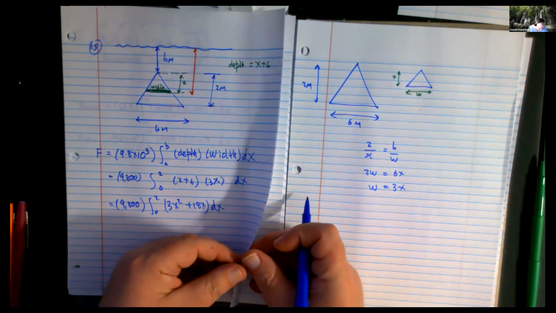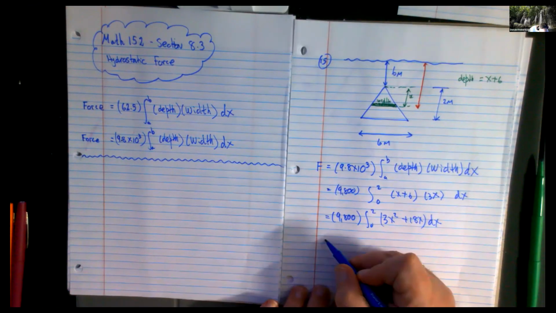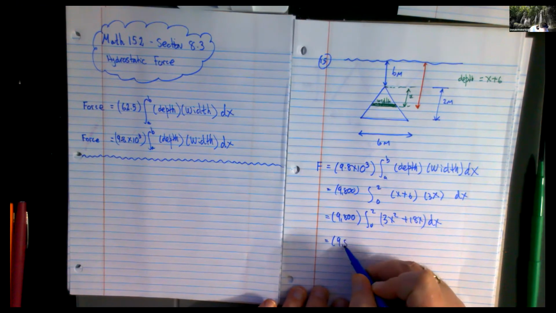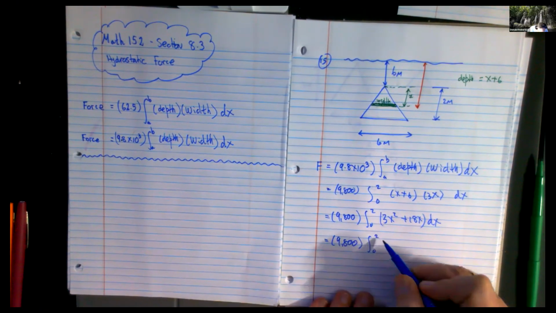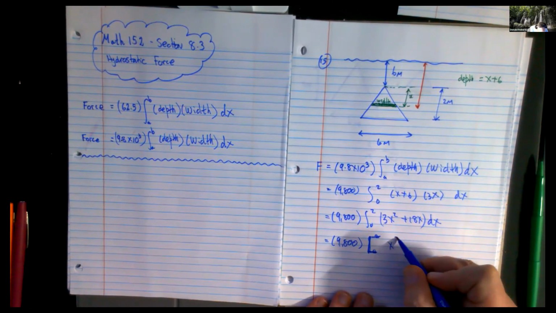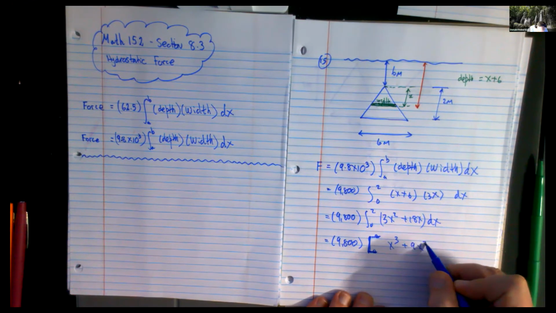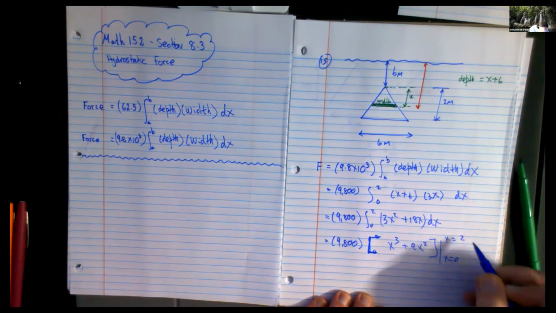I'll take it a little bit further, I think. Oops, let's not do that. I've already got that. Let's power rule it. Yeah, that's better. Evaluated from 0 to 2.